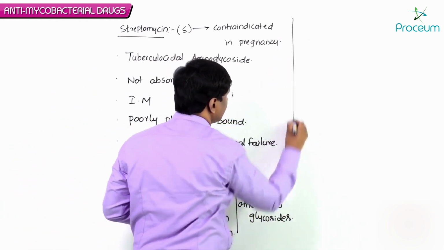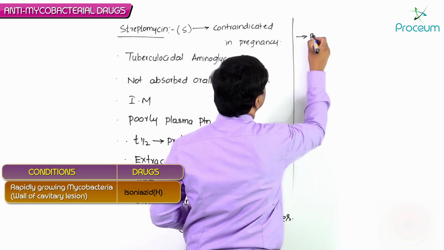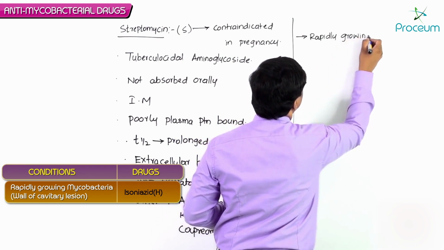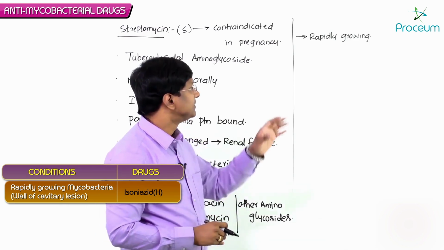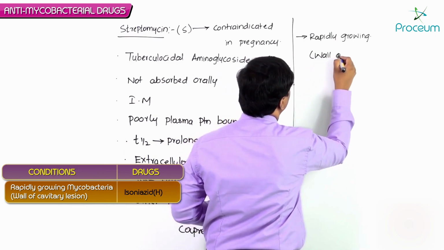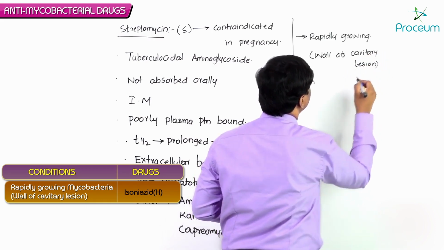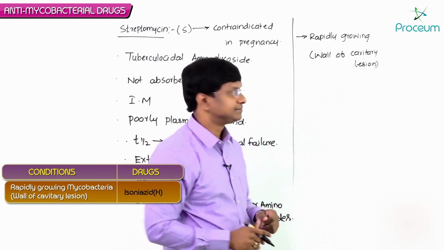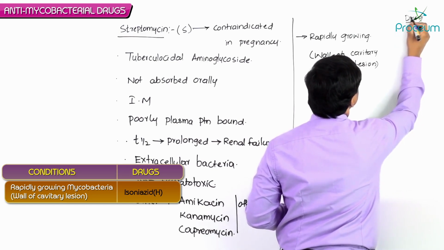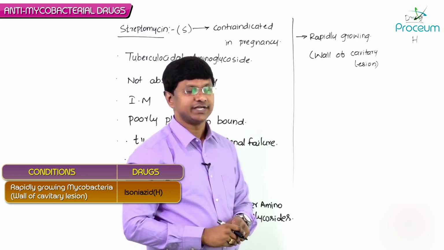Against the rapidly growing organism which is present in the wall of the cavitary lesion, the drug which is more effective is isoniazid.